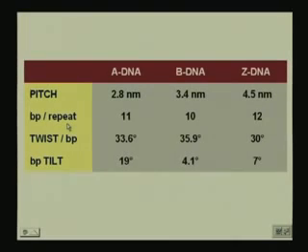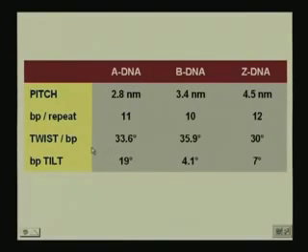The base pair repeats are 11 bases per turn, 10 bases per turn and 12 bases per turn. The twist per base pair, you realize that there is a slight twist as you have the base pair, like you would also have angle disposition for the alpha helix. These are the twists per base pair, and we have a slight base pair tilt, which is not very much in the bDNA, just 4 degrees. Okay? That is a slight base pair tilt.